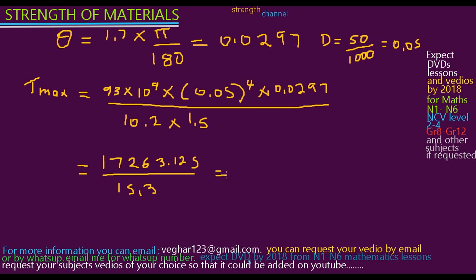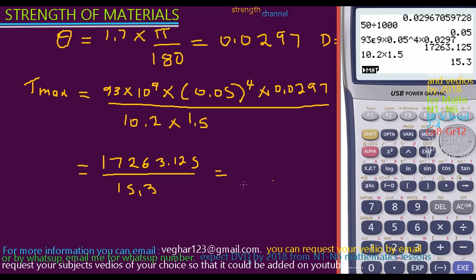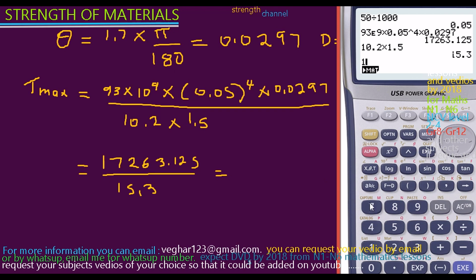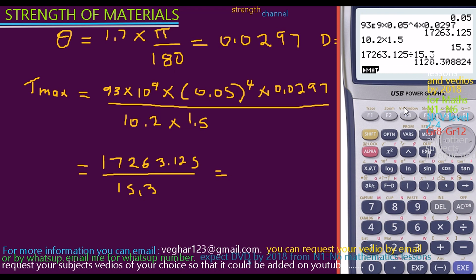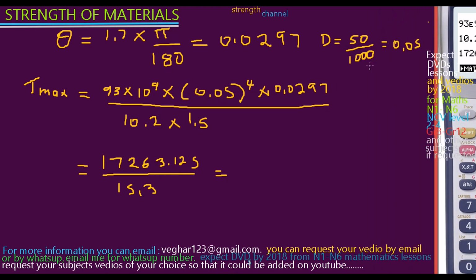So the final answer is 17263,125 divided by 15,3, equals 1128,3.